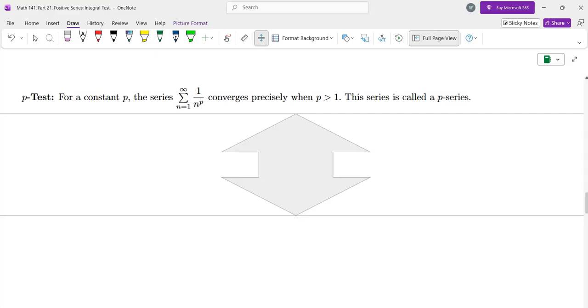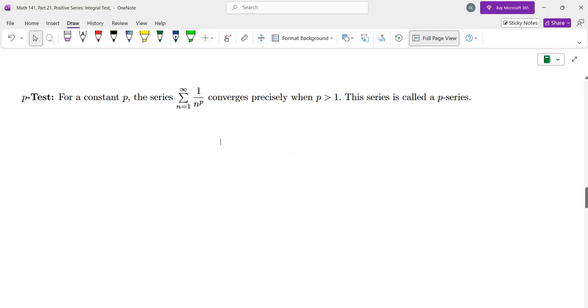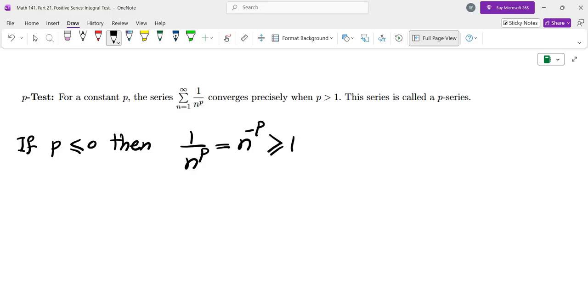So what is the reason for this one? Well, if you look at this 1 over n to the P, 1 over n to the P approaches 0 if P is positive. So if P is less than or equal to 0, then 1 over n to the P is n to the power of negative P, which is greater than or equal to 1 because negative P is positive.